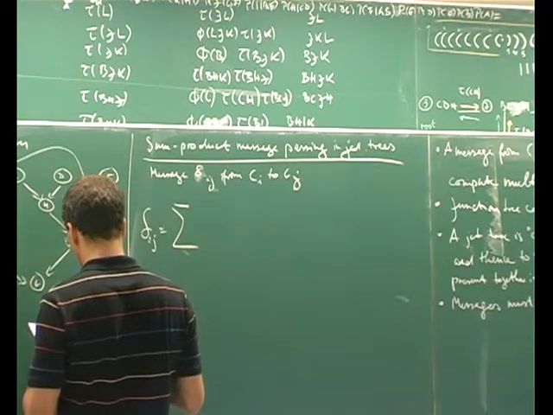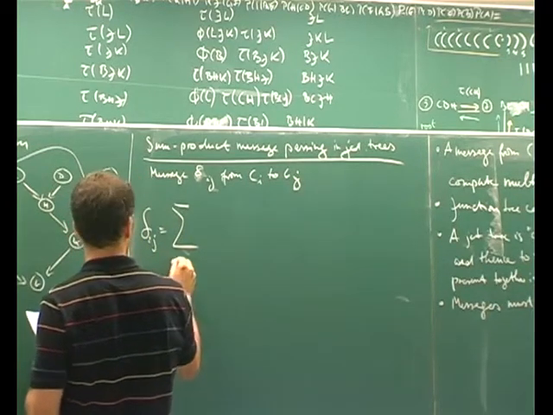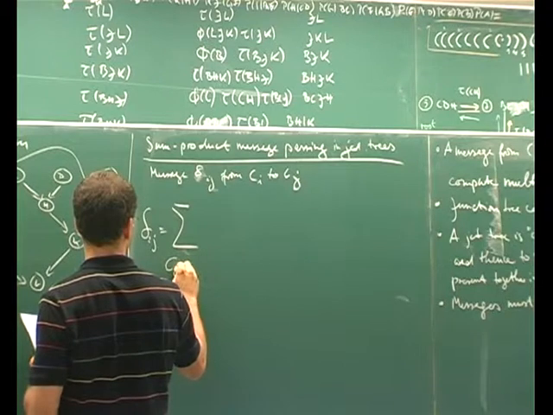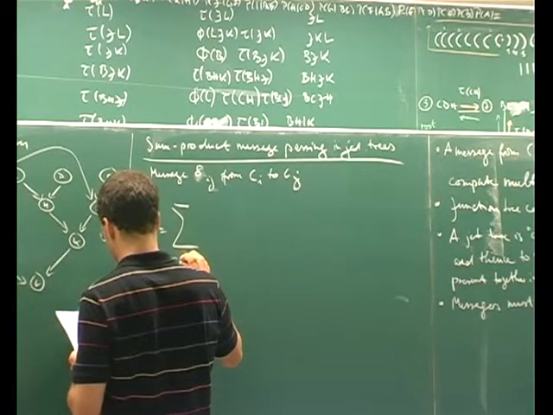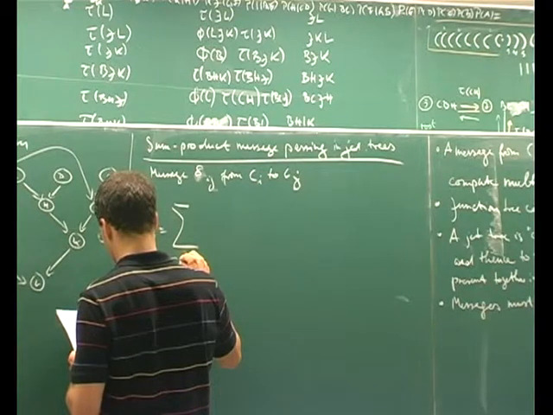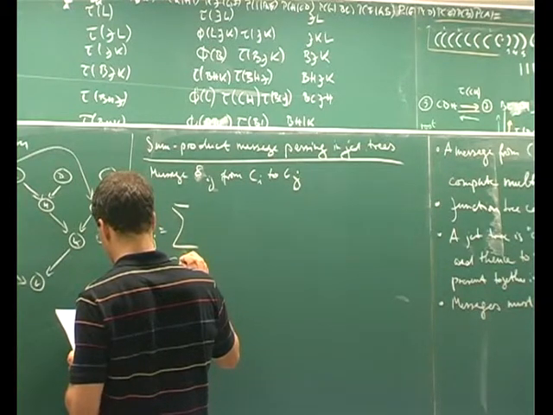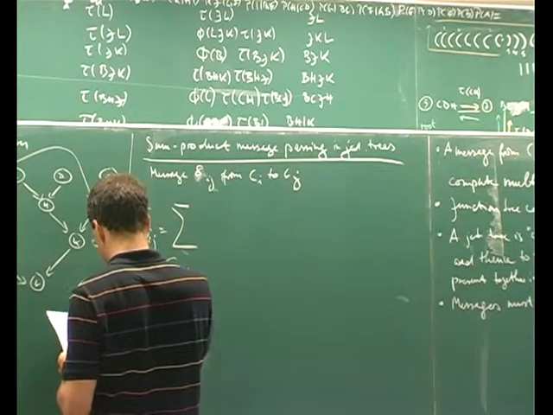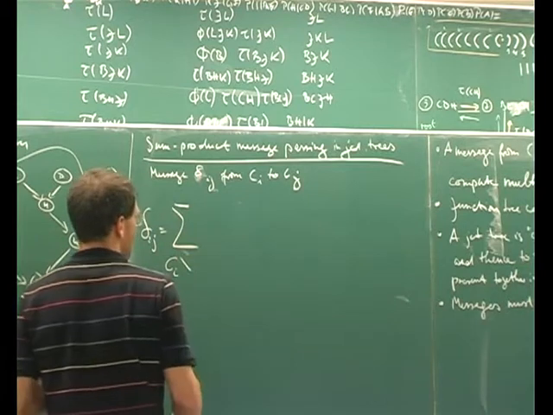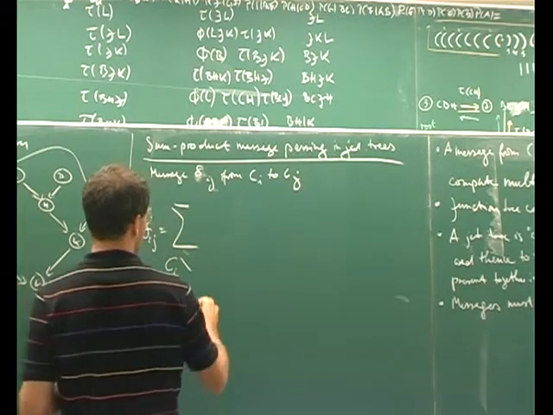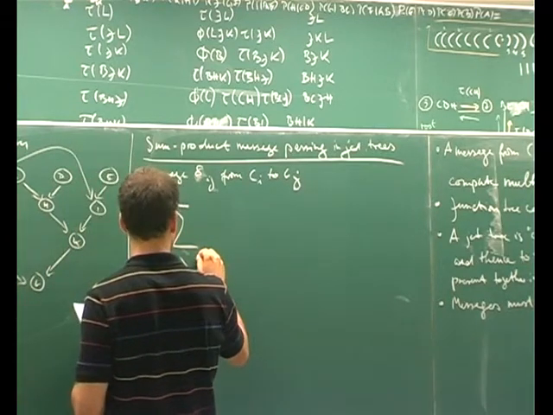We sum over all variables from Ci that are not shared with Cj.